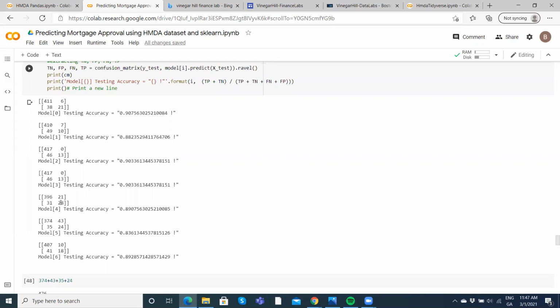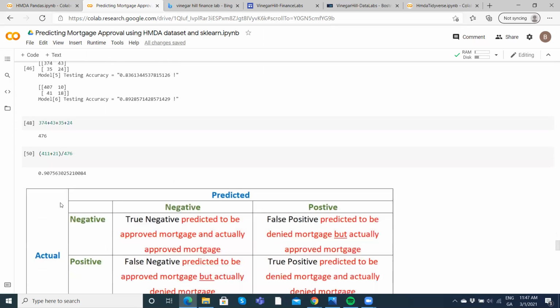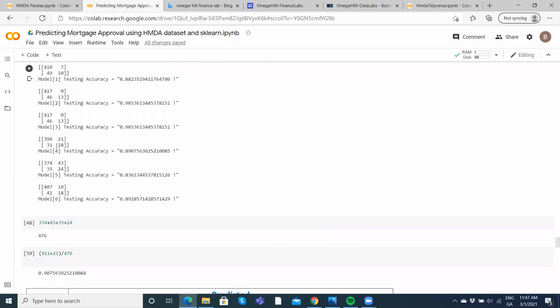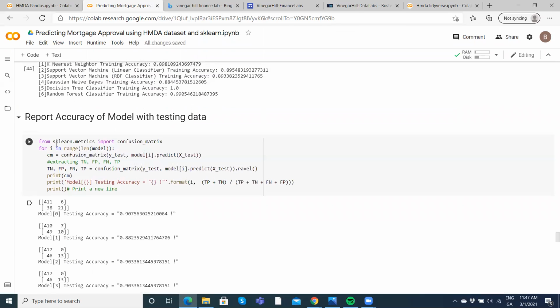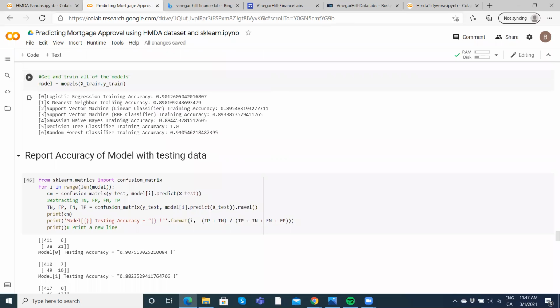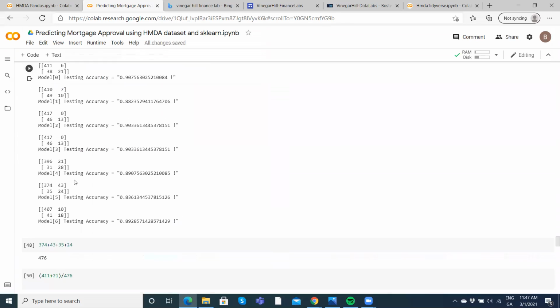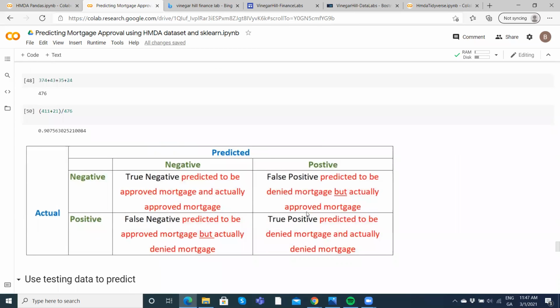And the model with the highest number of true positives was model 4, and model 4 was a Gaussian naive Bayes model. So it's better at picking true positives, right? True positives mean predicted to be denied mortgage and actually were denied mortgage.